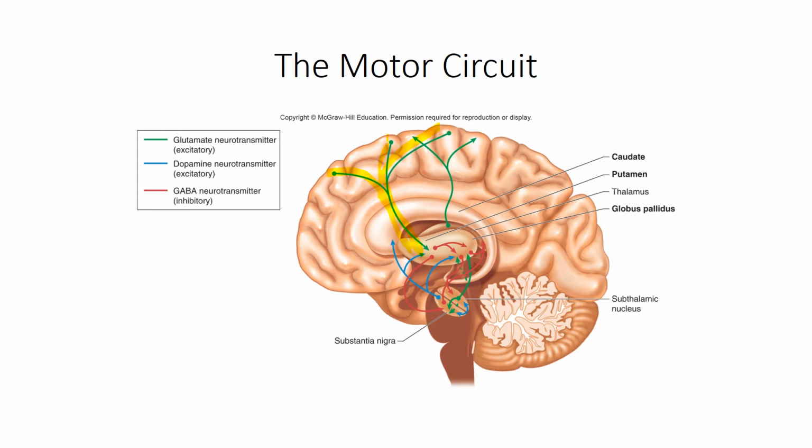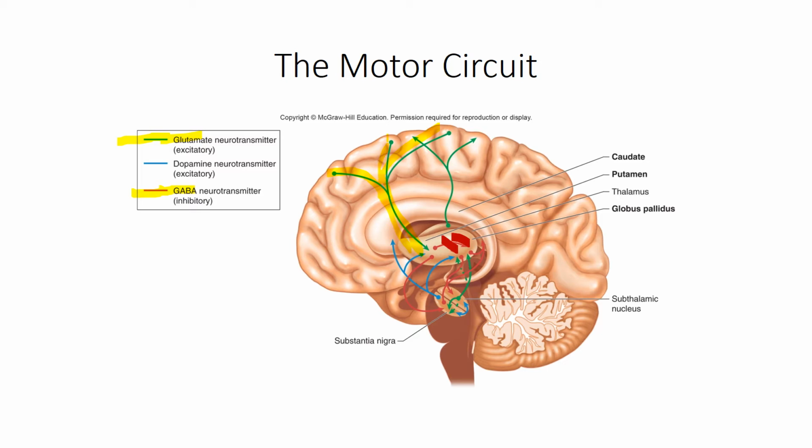If we look at this image, I want to highlight this legend here. The green is going to be the glutamate neurotransmitter, and the red is GABA. So from the putamen to other regions of the basal nuclei, this is so that we don't become overexcited, because that can cause twitching, for example.